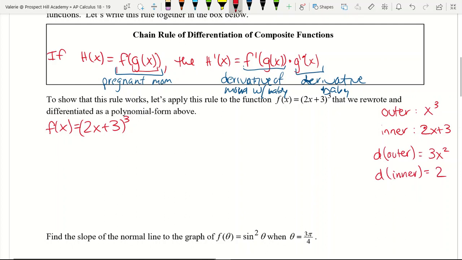Okay, so if we look at our chain rule, f prime of x will be equal to the derivative of the mom, which is the outer function, with the baby. So when we see x in the derivative, we're going to plug in the baby. So we'll have 3 times 2x plus 3 squared, and we're going to multiply that by the derivative of the inner function, which is 2.